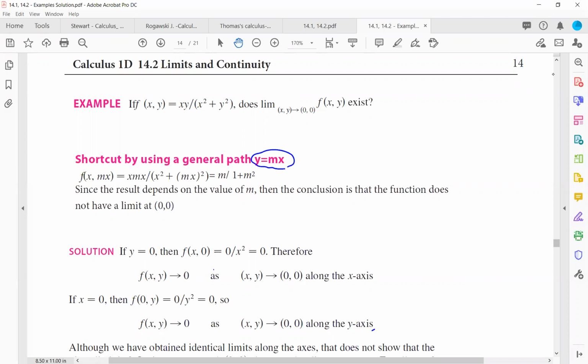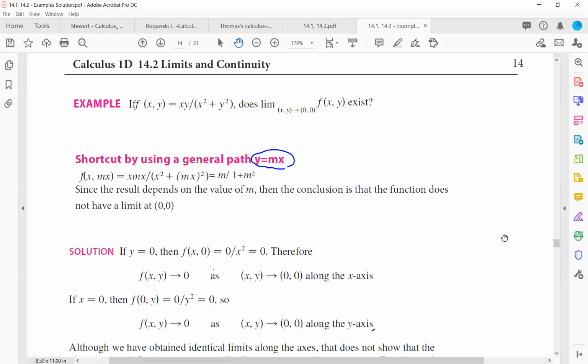As you can see, the final expression has no x in it. It means that the limit of the function depends on m. You can plug in any number you like for m, so you get multiple values for the limit of the function. It means that the limit doesn't exist.